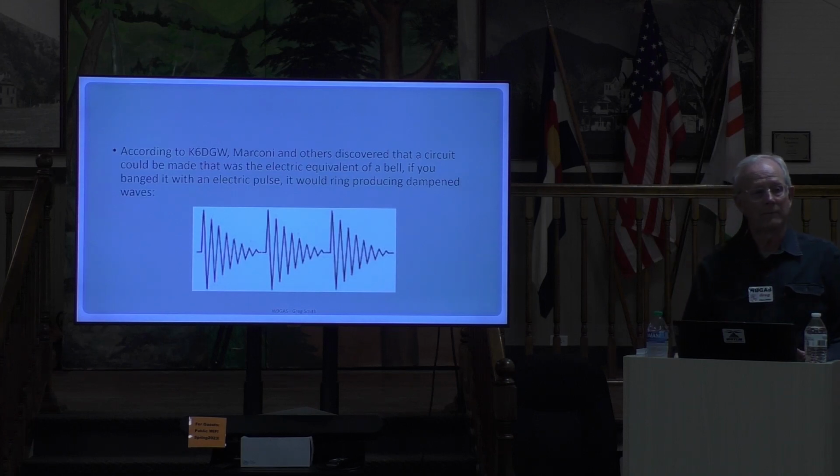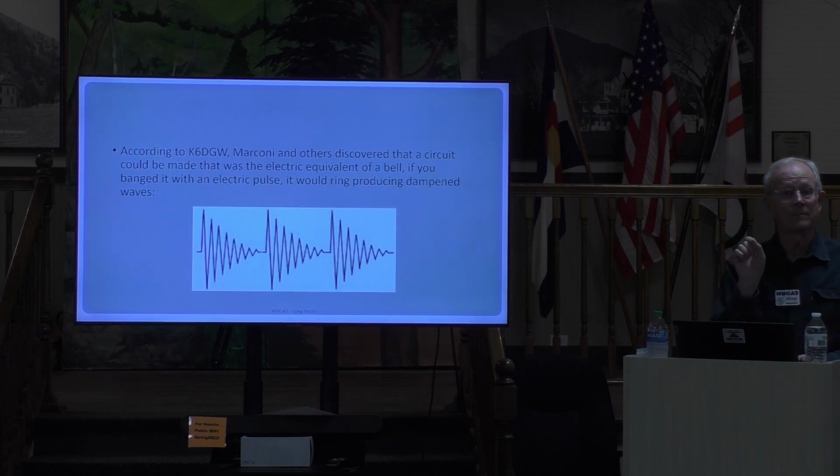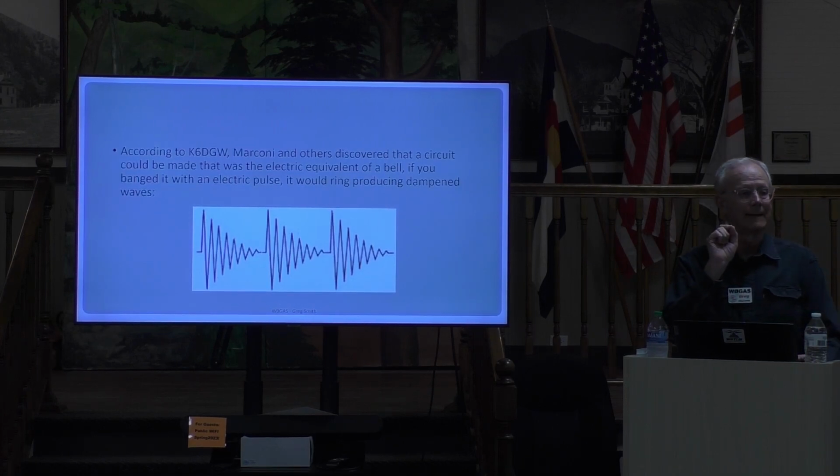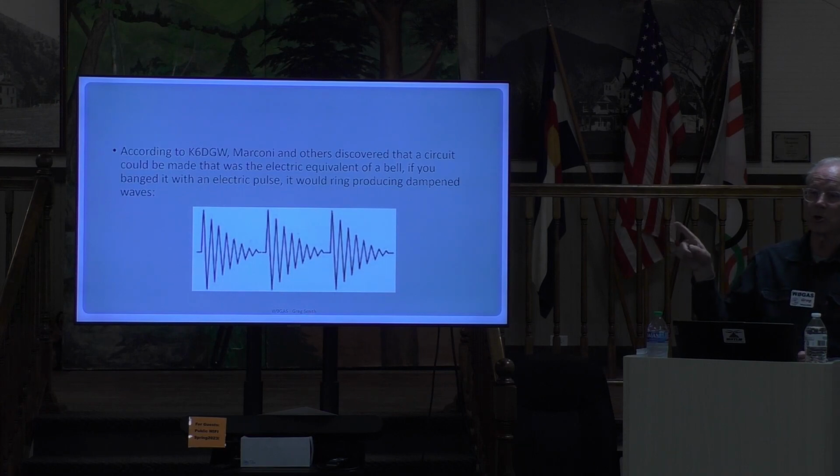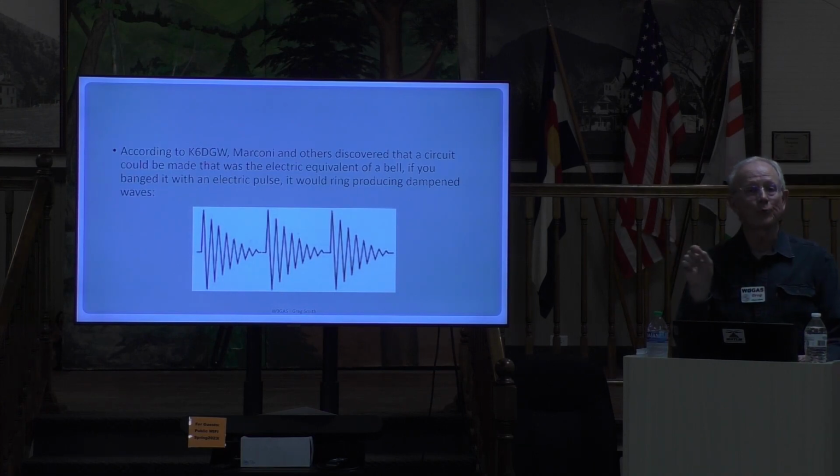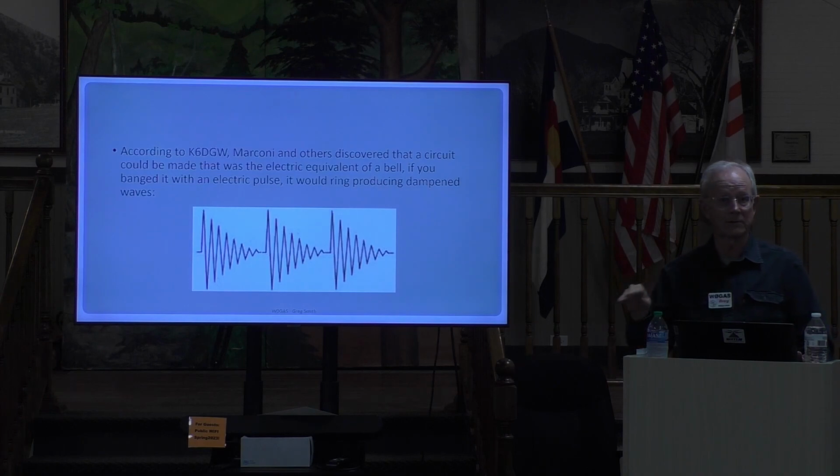And what they found was that by using that spark to constantly have a low resistance path, you could ring a bell. And you end up with these dampened curves, which are kind of interesting, kind of cool. And they happen really fast. But you can see the frequency of them and how it declines over time.